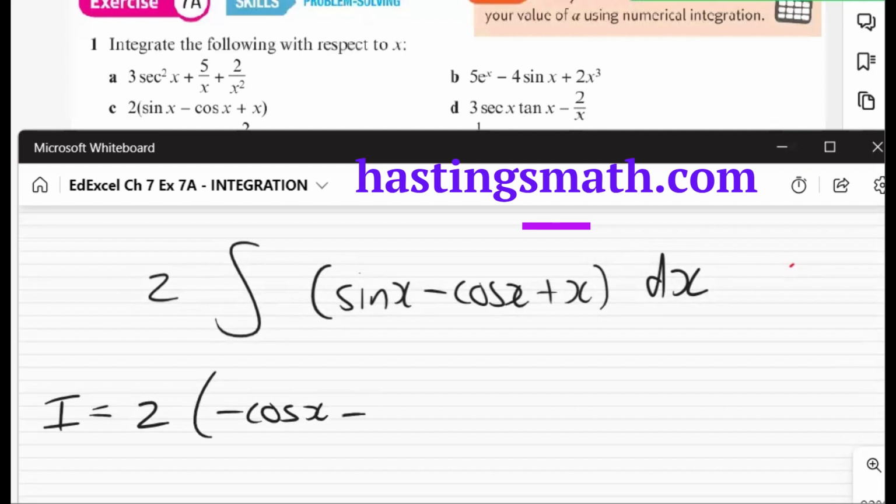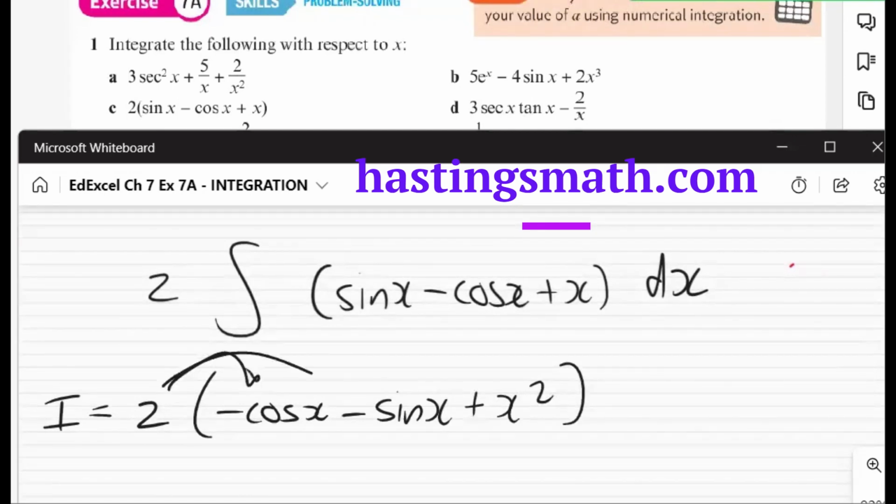Negative cos goes to negative sine, stays the same sign. And we have x to the 1 plus 1 is 2, so x squared over 2. And obviously, your last step would be to times that 2 in, which should give us the same answer. So just to take a look at different ways of approaching these, this will make it easier with the harder questions.